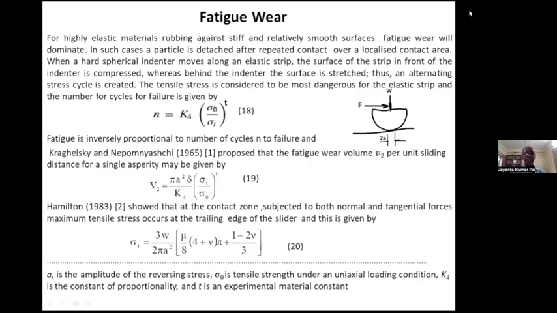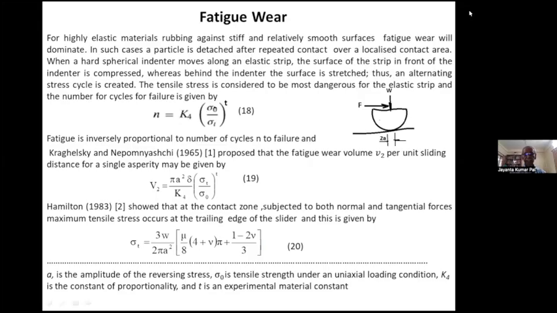And this is given by sigma t equal to 3w by 2 pi a squared within bracket mu by 8 within bracket 4 plus nu into pi plus 1 minus 2 nu by 3 bracket closed. This is equation number 20. Now, here small w is load for single asperity. So we need to replace sigma t in equation 9 by the expression in equation 20.